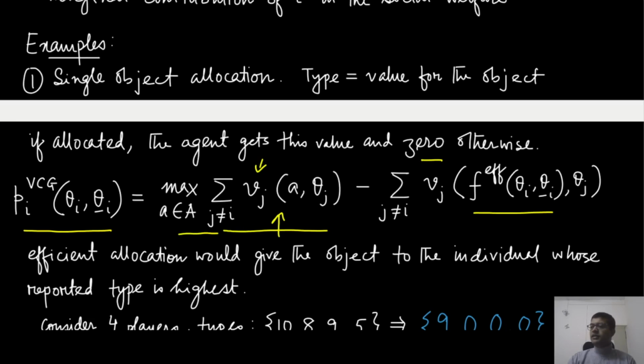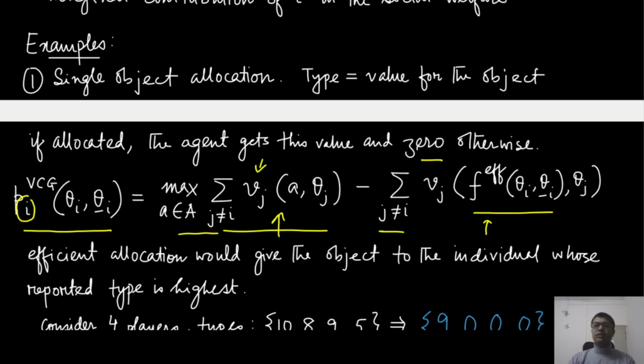And let's say player I is the highest valued bidder. In that case, what would happen to this sum here, the sum over all the players except agent I? They are not getting that object, so the sum of the values of all the agents except agent I will be equal to 0.